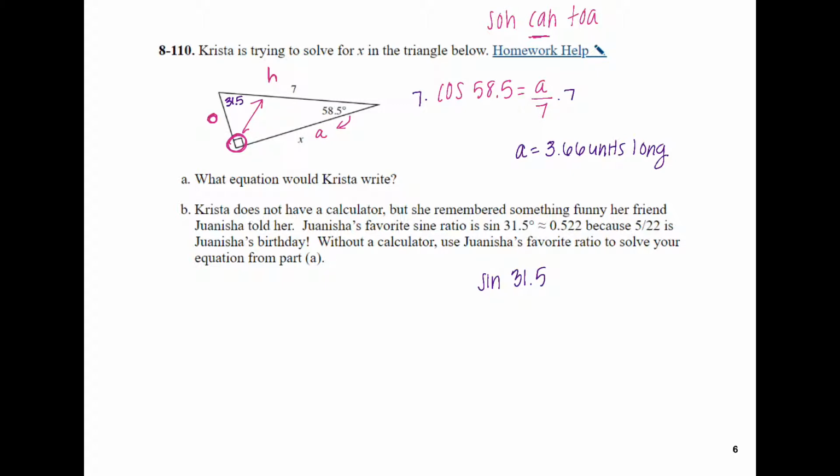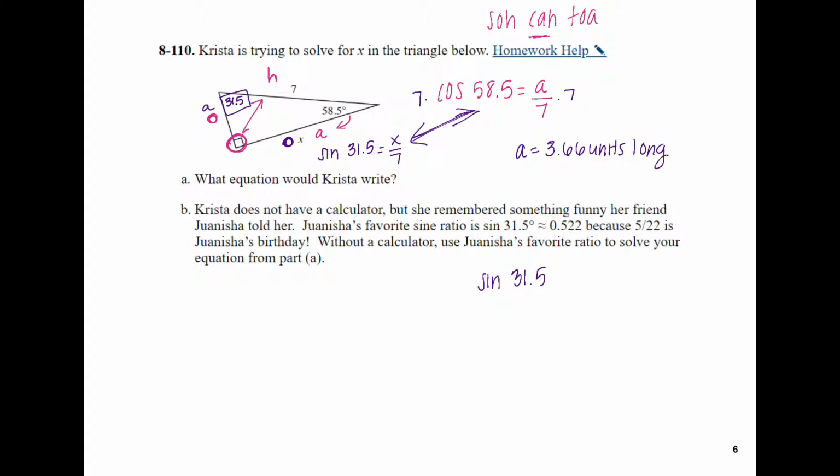The sine is opposite over hypotenuse, which for my purple angle would make this my opposite side for this angle, and this my adjacent side. So if I take the sine of 31.5 degrees and say it's equal to my x over my 7, you can see that I am still solving the same problem.